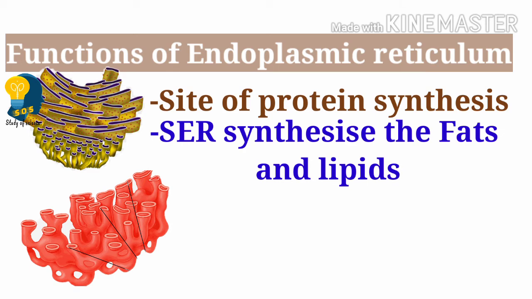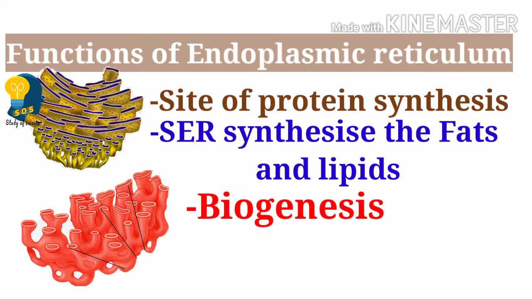And the next function, endoplasmic reticulum shows the biogenesis. What is meant by genesis? Genesis means forming something. What kind of things does it form? They form things like membrane. What kind of membrane? Like plasma membrane.